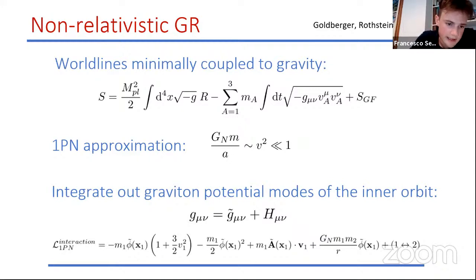And I reported a result of the interaction to the first order in this post-Newtonian approximation, just to show you that it will have some vertices where the gravitons that have not been integrated out are evaluated on the worldlines. So in order to arrive at a picture in which we have a single particle representing the binary with some multipole moments, the most straightforward way is to consider a multipole expansion of these gravitational fields in the interactions.